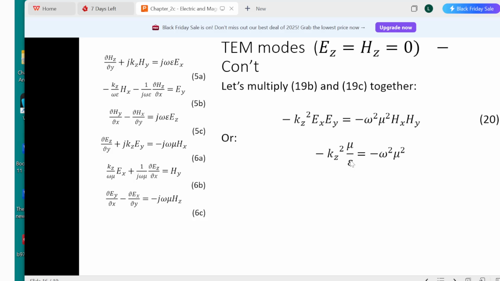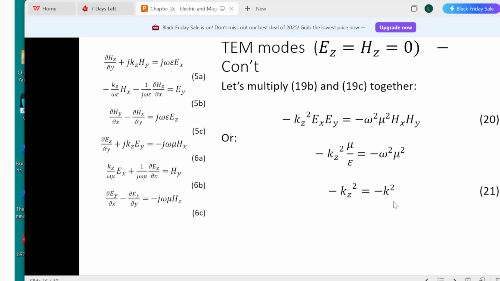If you move mu and epsilon to the right, then we get k squared.